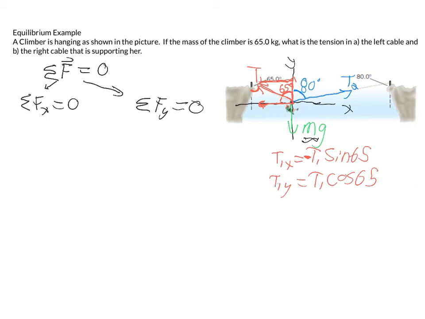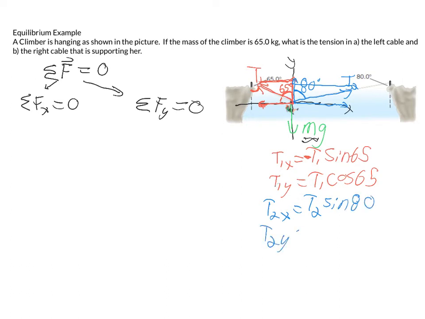Now T2 also has an x component and a y component. In this case, we can observe both x and y for T2 are going to be positive. Making our little triangle, we can see that T2x is going to be equal to T2, the hypotenuse, multiplied again by the sine of our angle, which is 80 in this case.